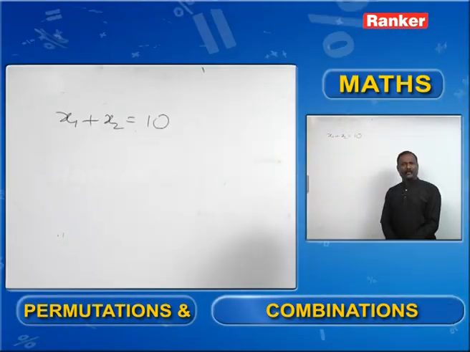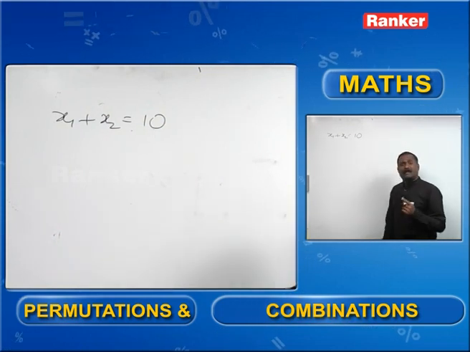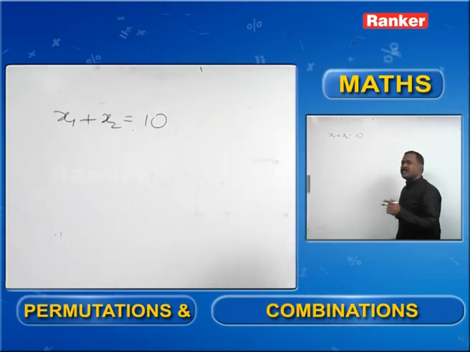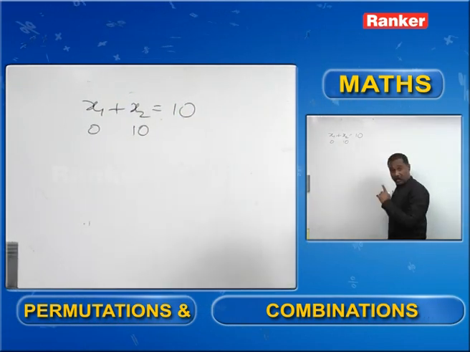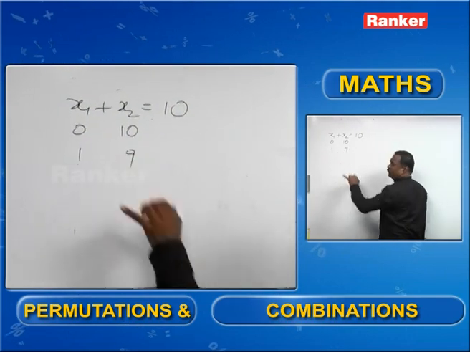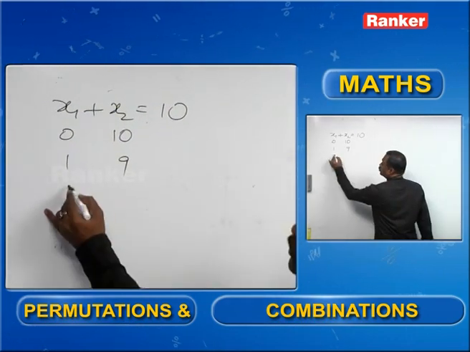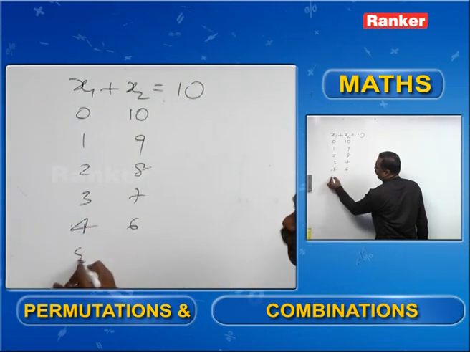It's an algebraic equation. Now, I want to write the number of non-negative integral solutions. Then I'll start like this: 0, 10. It's one solution. 0 plus 10 is 10 only. It is 1, 9. It is also 10. 2, 8. 3, 7. 4, 6. 5, 5.